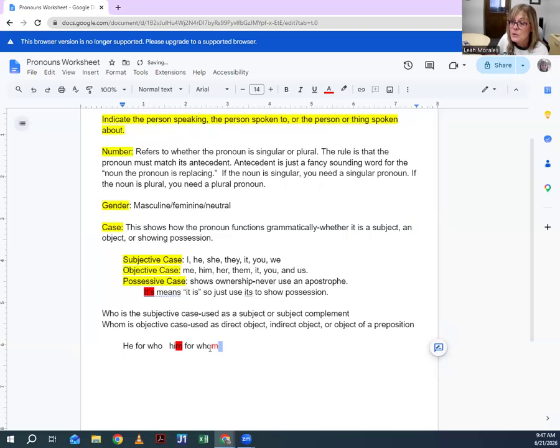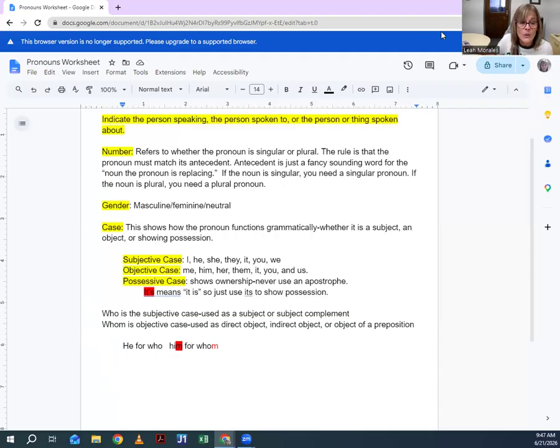If what you're trying to find out is whether it's who or whom, try substituting he or him and see which one of those would work, because we're more familiar with those. We better understand how to use those. And if it's him that would work the best, then use whom. And if it's he, then use who. That's just a good little trick to help you with that.